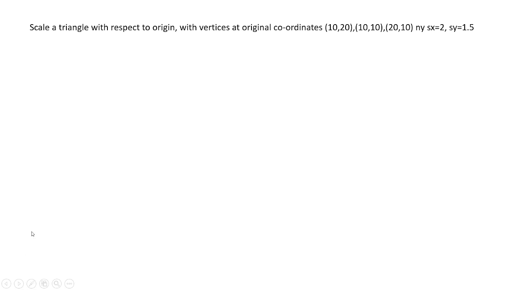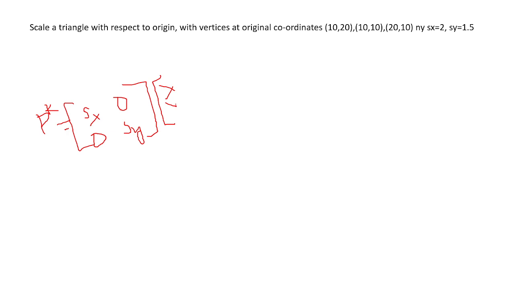If we denote it, P star equals the matrix Sx, 0 and 0, Sy, times X and Y. So this is the transformation matrix to convert it.